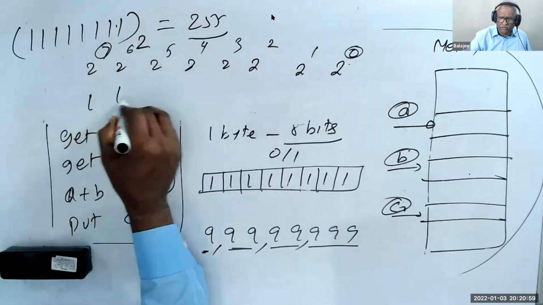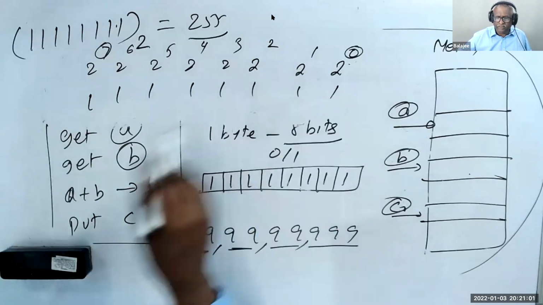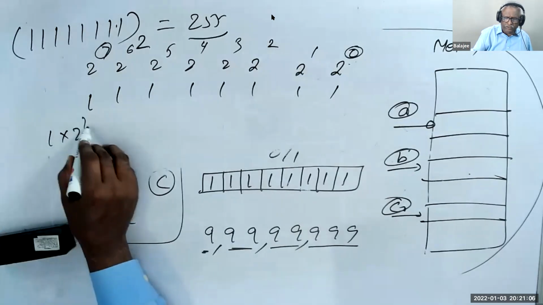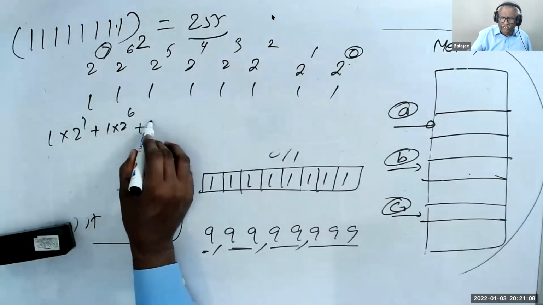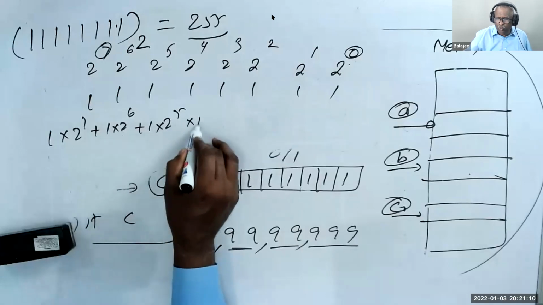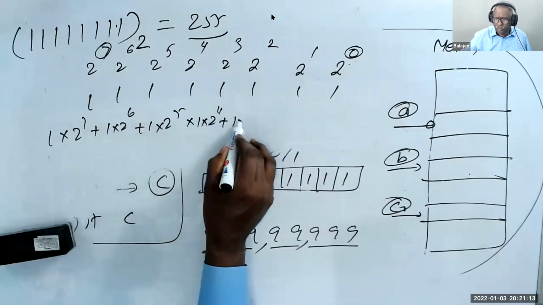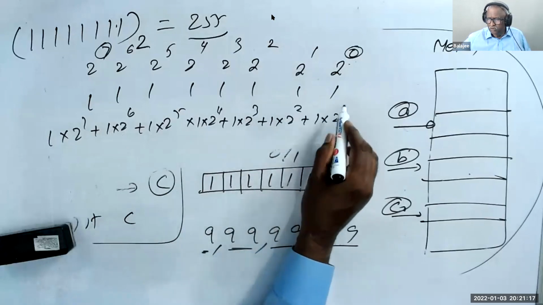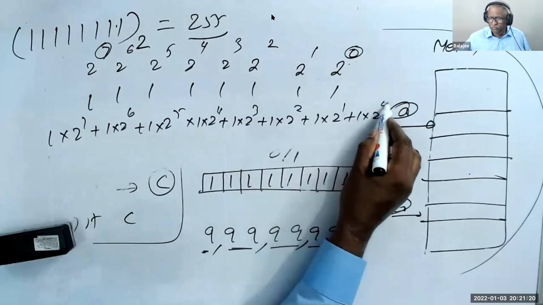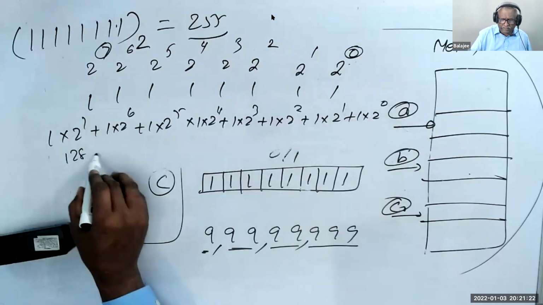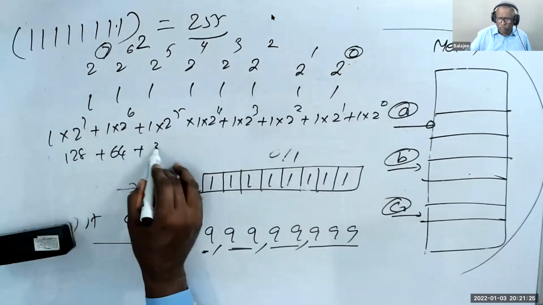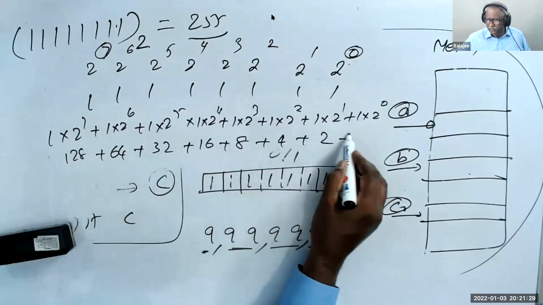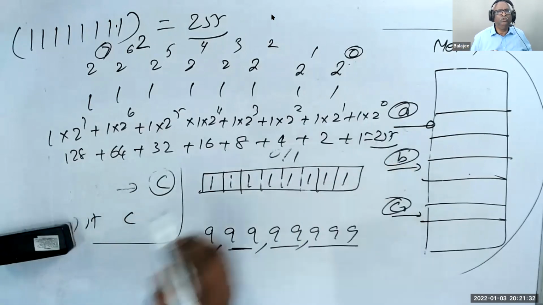So if all of them are 1, it is quite simple: 1 into 2 power 7 plus 1 into 2 power 6 plus 1 into 2 power 5, 1 into 2 power 4, down to power 0. It's 128 plus 64 plus 32 plus 16 plus 8 plus 4 plus 2 plus 1. So don't worry about that.